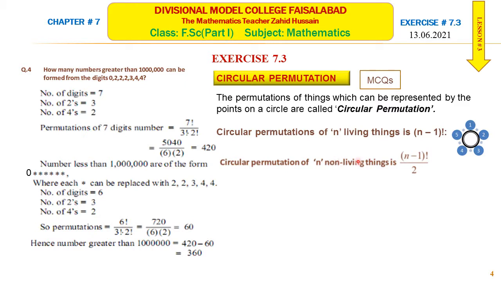The circular permutation of non-living things is calculated using the formula n minus 1 factorial over 2. These two formulas are also asked in MCQs.